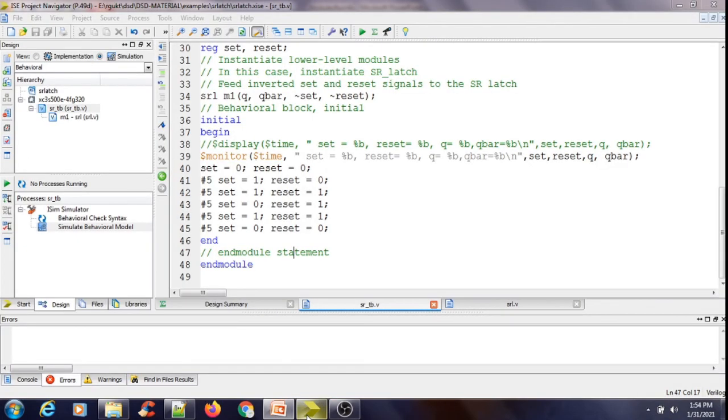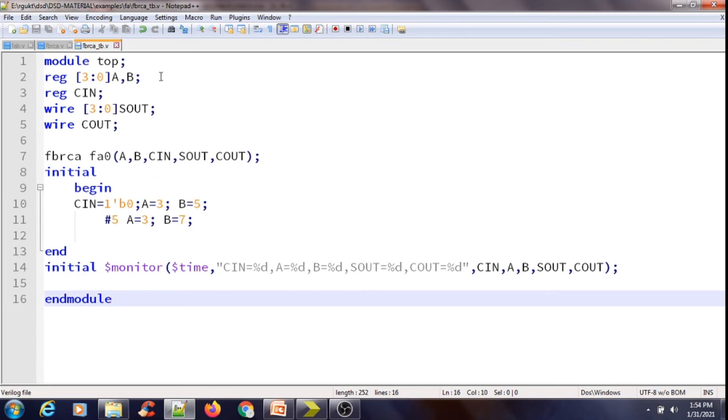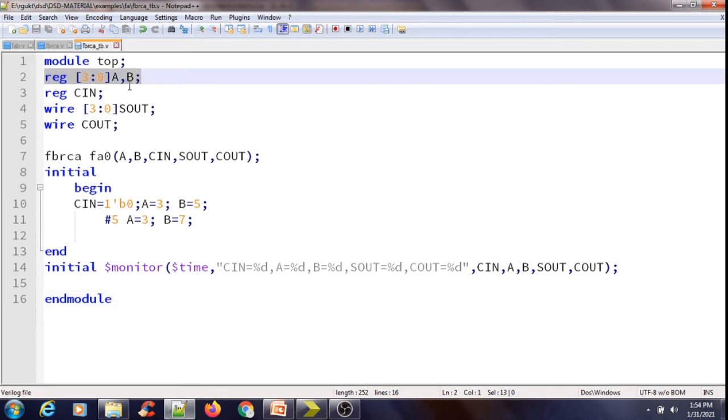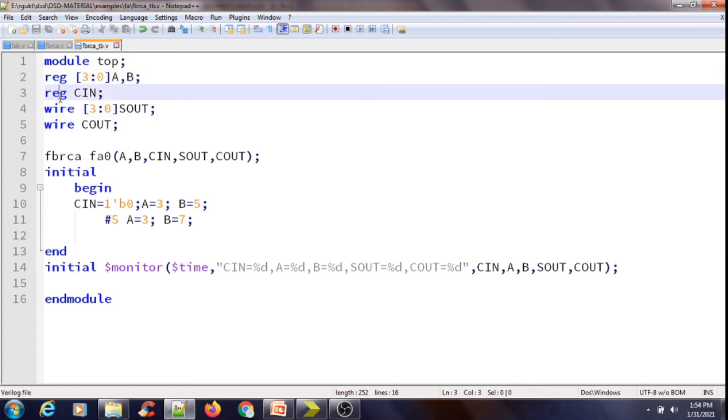So you can see here, capital A, capital B, and C in are present inside the environment, that means external to the module, and sum and C out are also external to the module, so they are defined as wires and these are defined as reg.